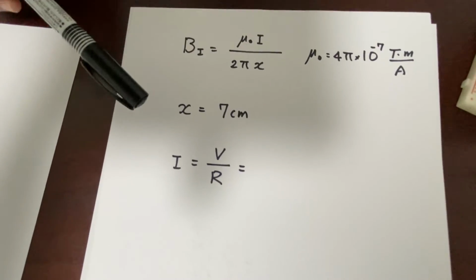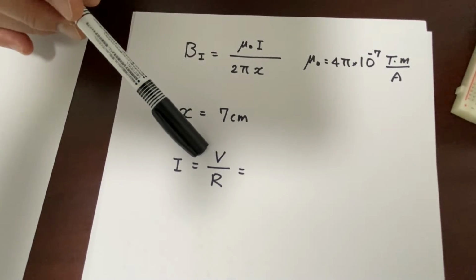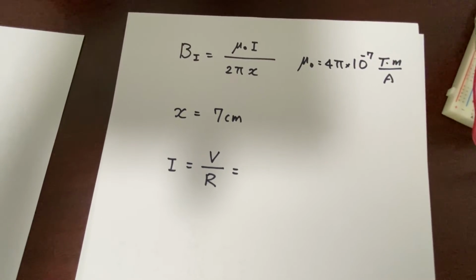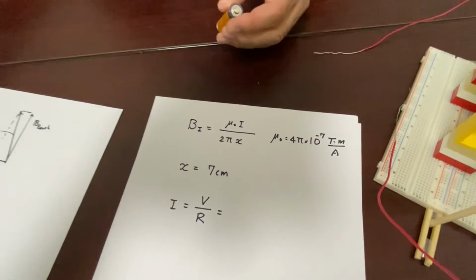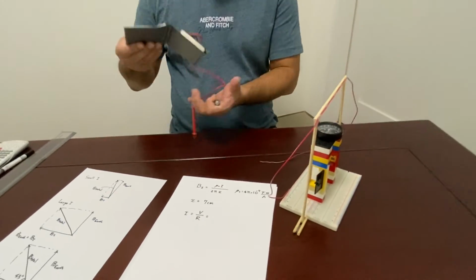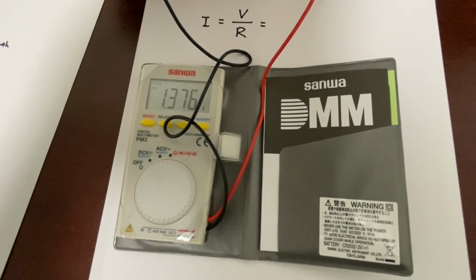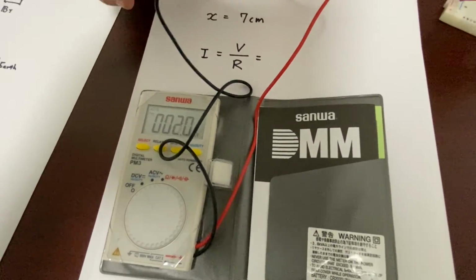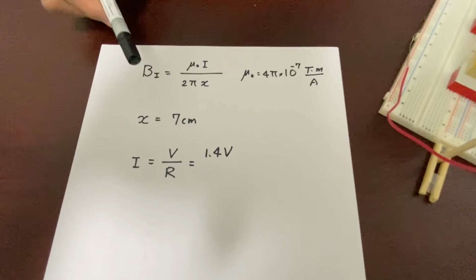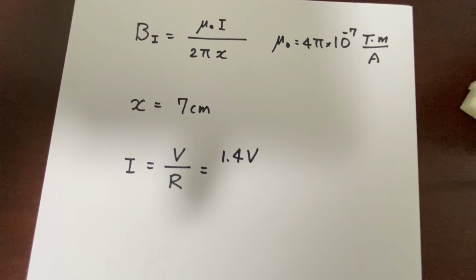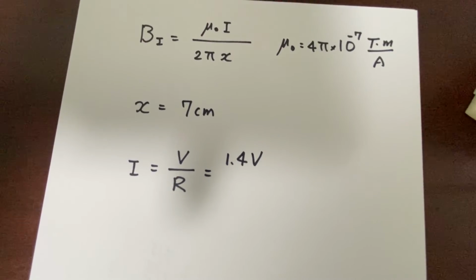Then we'd like to determine V, the voltage of the battery, and the resistance of the wires. At first we measure V using the digital multimeter. You can read the numbers and it becomes 1.376 volts. So the voltage of the battery is about 1.4 volts. Then we'd like to measure the resistance of the cord.